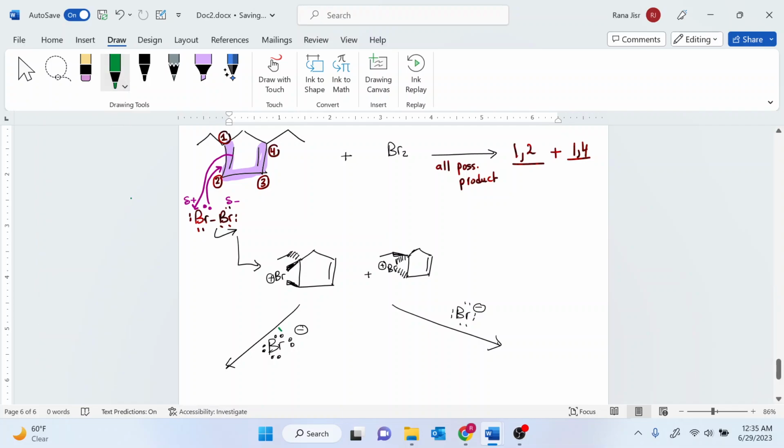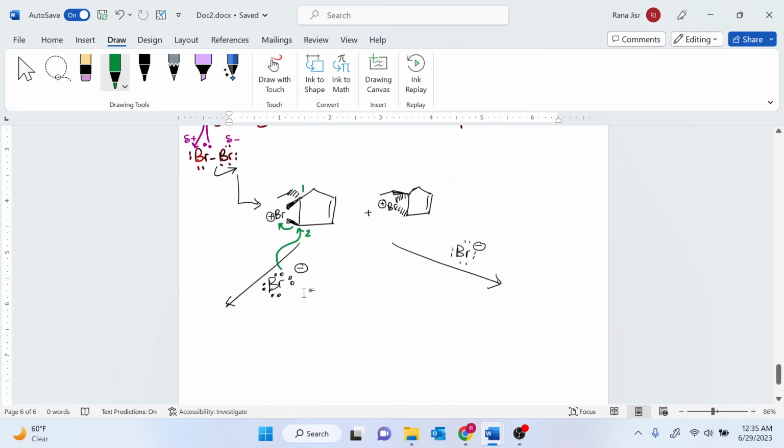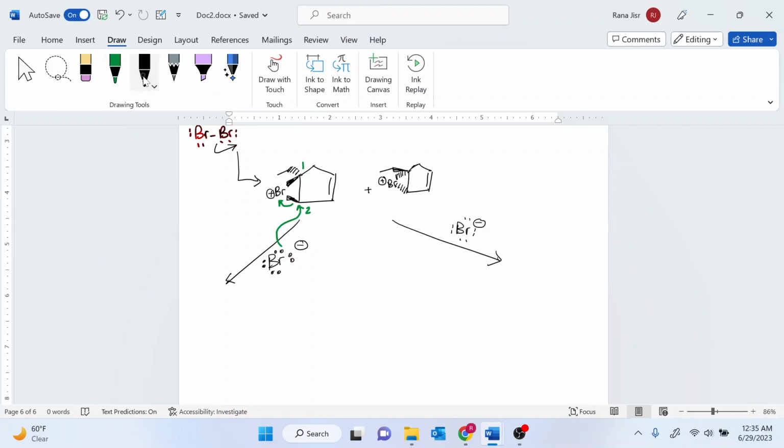So the bromide can either come over here and attack carbon number 2, open the bond. This is carbon 1, this is carbon number 2, so that you can have a 1,2 addition. So the bromide over here can come and attack from the back of the cycle. Since the cycle over here is in front, the bromide needs to attack from the back. It cannot attack from the same side because of the size of the bromine.